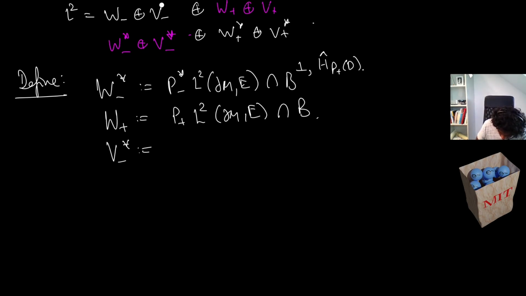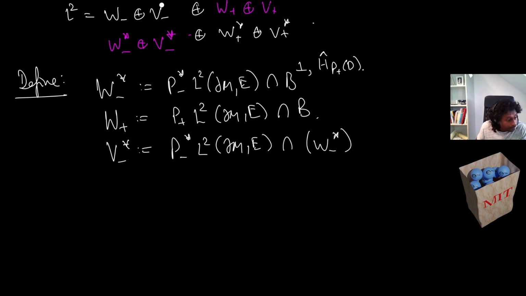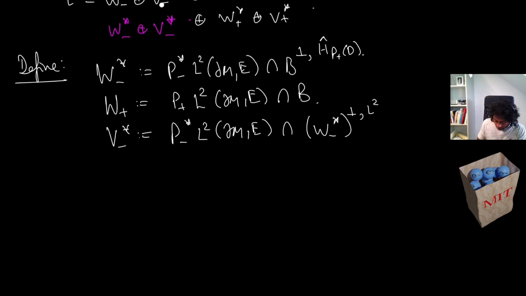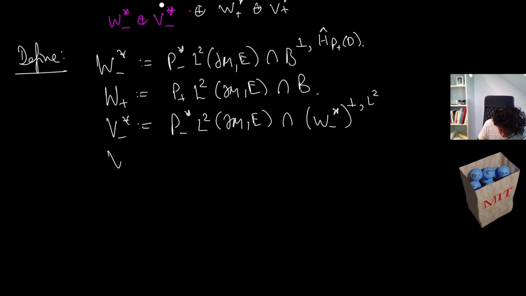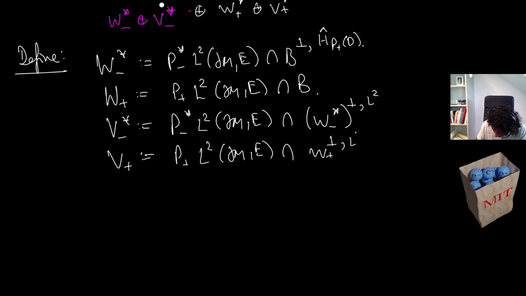V minus star we define as P minus star L2 intersect W minus star annihilated now in L2. And now we have V plus, which is given by P plus of L2 intersect W plus annihilated in L2.